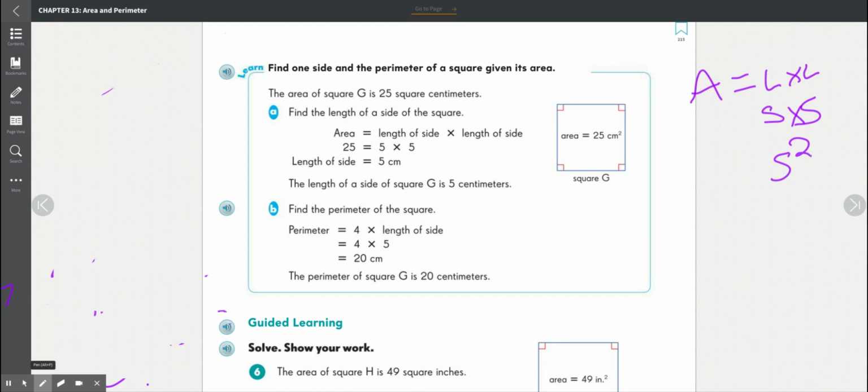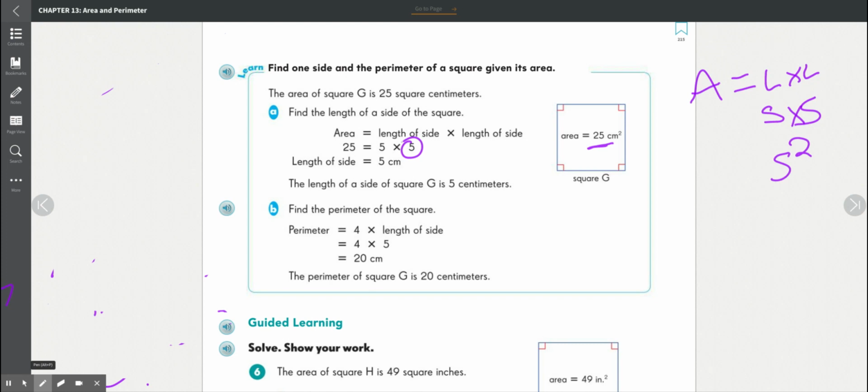So if I have the area, which is 25, of this square, I have to find out what a side is worth. Well, with 25, the best bet is 5. 5 times 5 is 25. And we know that because when we're multiplying 5s, the answer can only have 5 or 0 as the last digit.